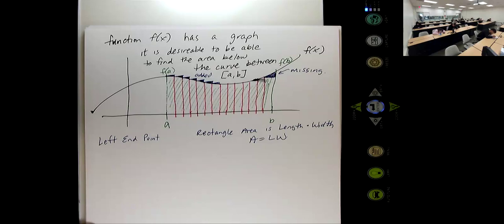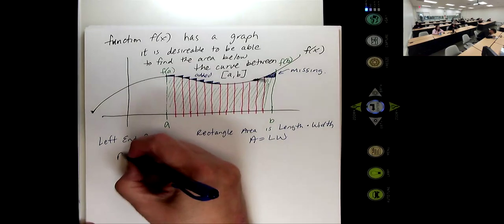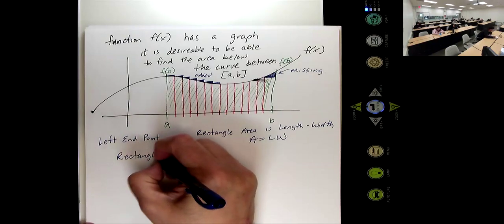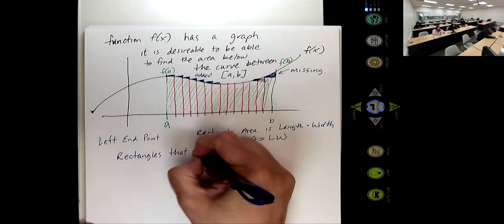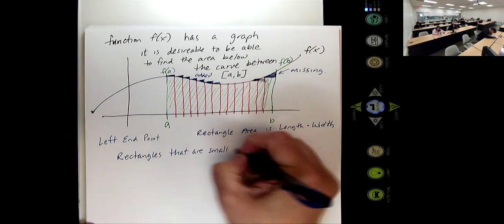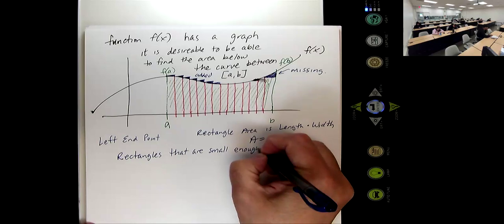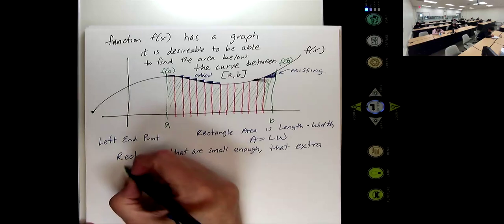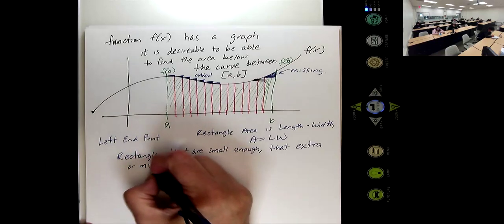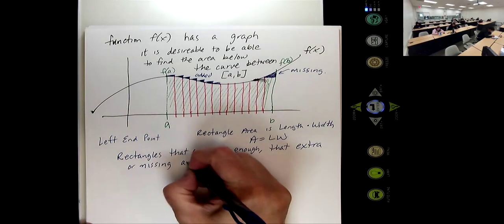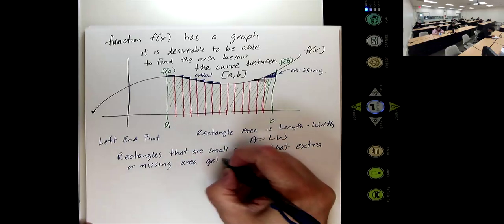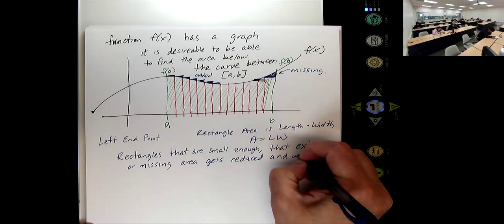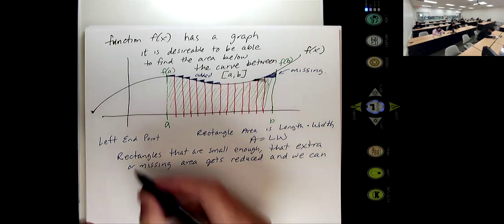But the idea is if we break up the rectangles small enough, that extra or missing area gets reduced, and we can get a good approximation by adding rectangles.